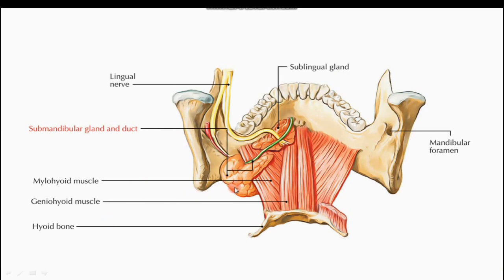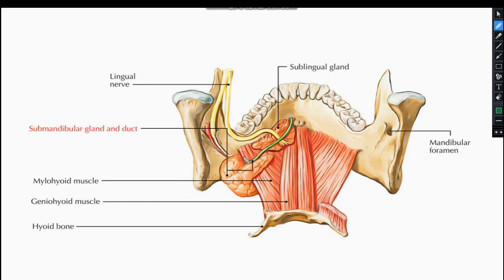Here we can see the deep part of the submandibular gland, the sublingual gland, stylopharyngeus and middle constrictor, as well as part of the glossopharyngeal nerve. They are the deep structures in the submandibular region.